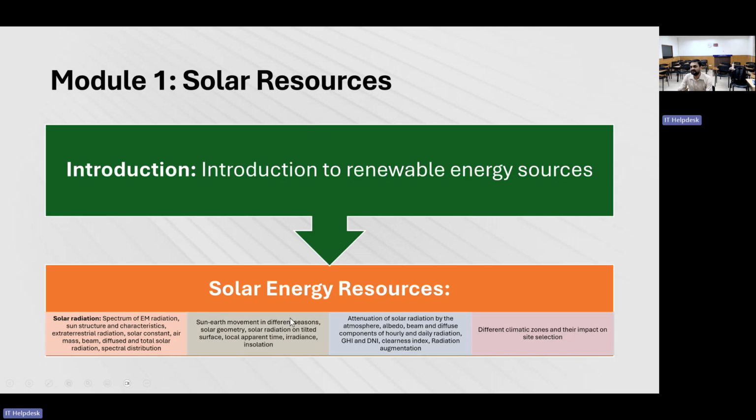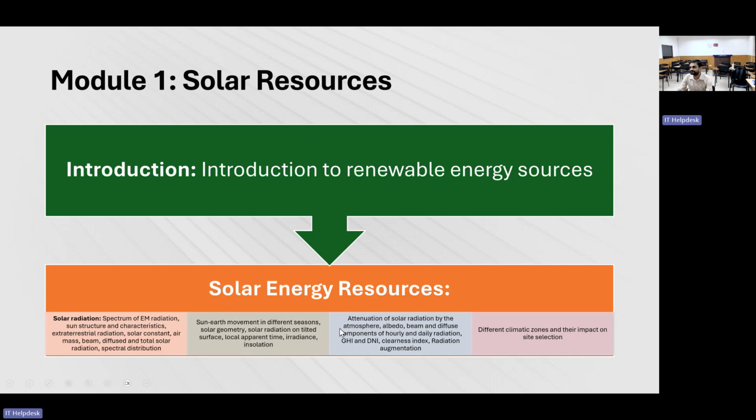Then we will study the sun-earth movement in different seasons, which affects the solar radiation or solar energy incoming to the earth's surface from the sun. Similarly, solar geometry, solar radiation on the tilted earth surface, local apparent time, irradiance, and insolation will be covered in this module.